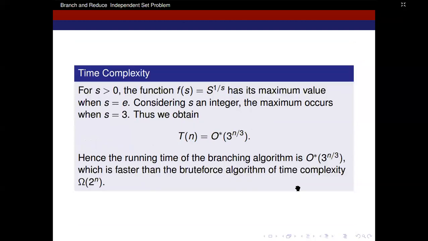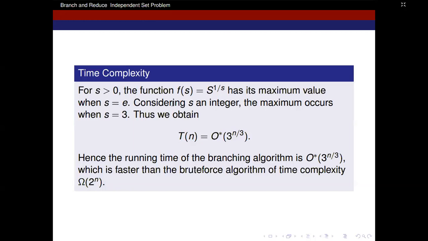Now, for s greater than or equal to 0, the function f(s) equal to s to the power 1 by s has its maximum value when s equals e. Can anybody say what is the value of e? Sir, 2.71.